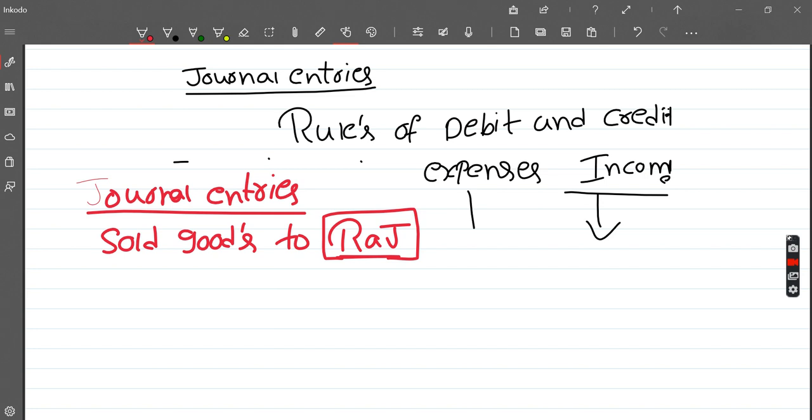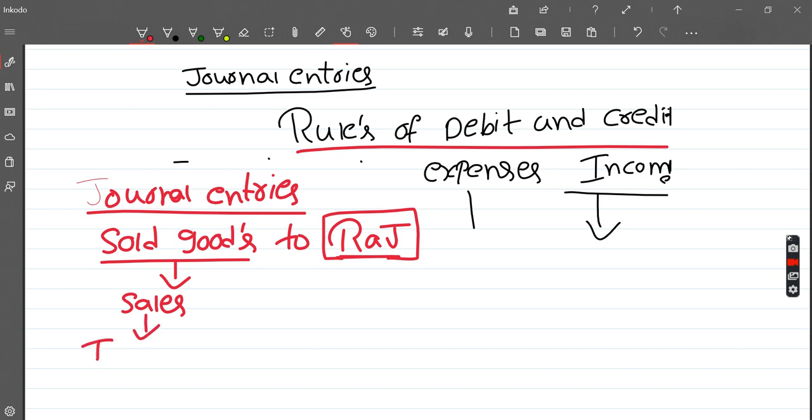So now we will apply our rules of debits and credits for this. Sold goods, nothing but sold goods is what? Sales, right? And sales means income. Just now we have learned income shows which balance? Credit balance.